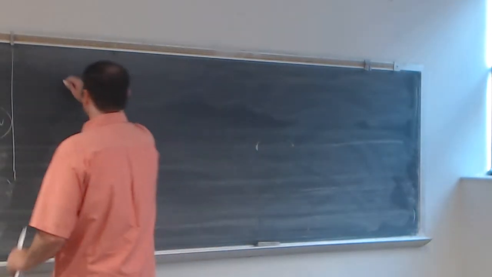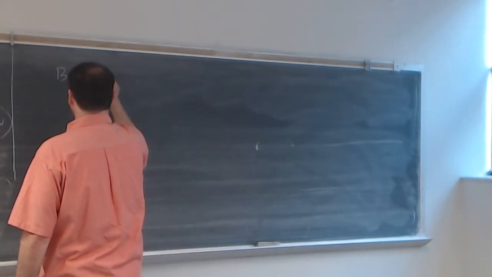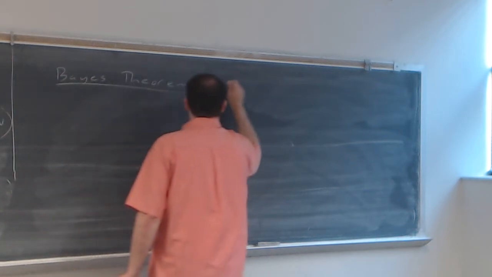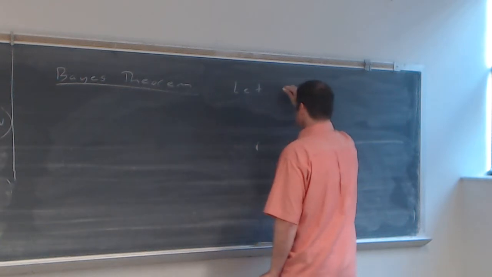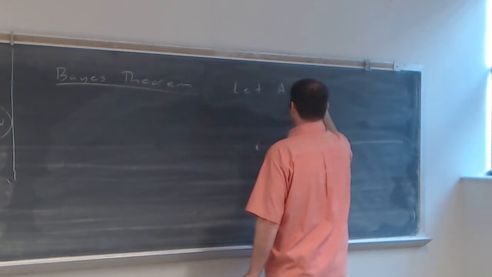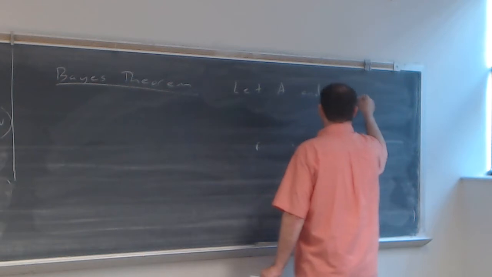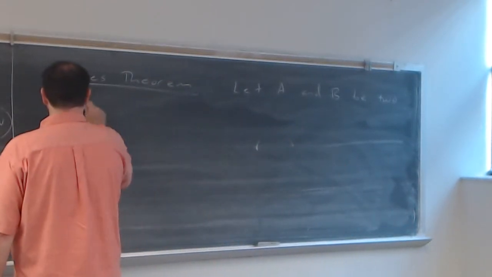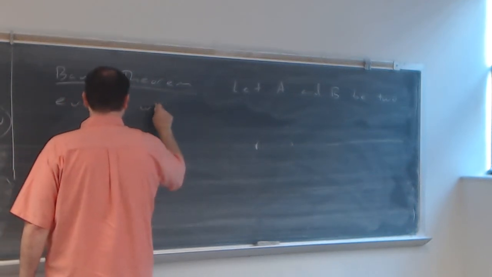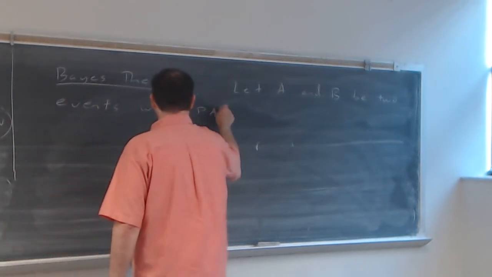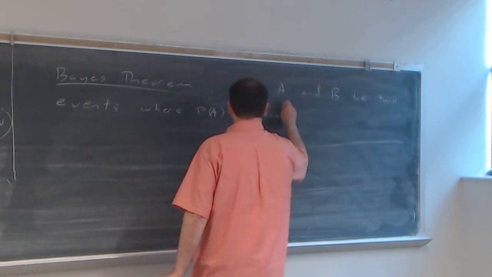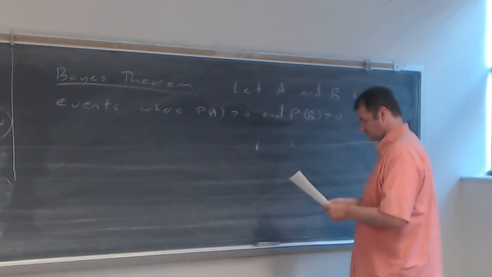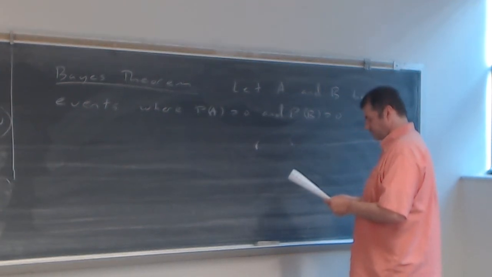So here's Bayes' theorem. It says let A and B be two events where the probability of A is greater than 0 and the probability of B is greater than 0. Okay.